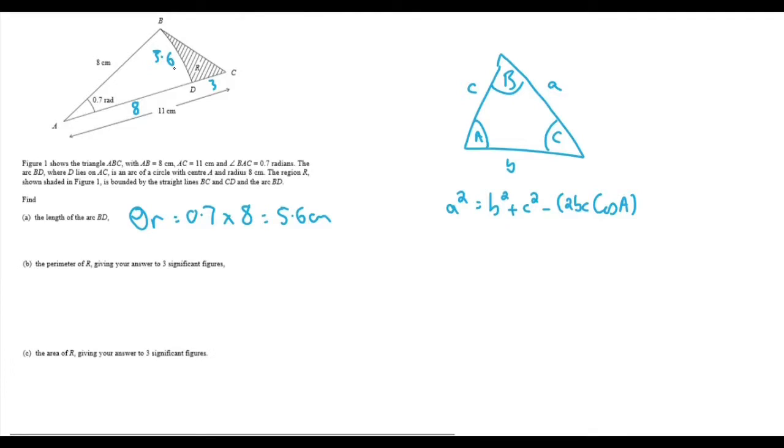In this case, our BC squared is going to be therefore the 8 squared plus 11 squared, because it's for the whole triangle, minus 2 times 8 times 11 times cos of 0.7.